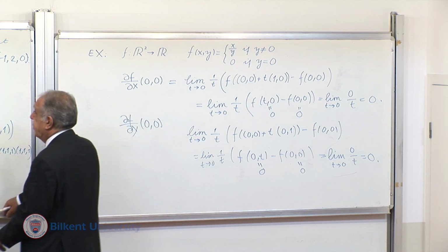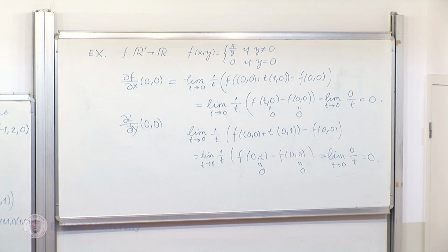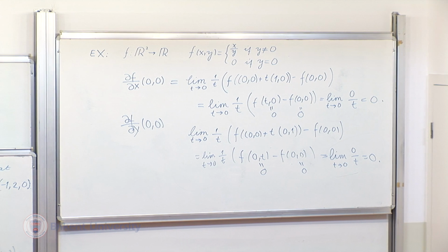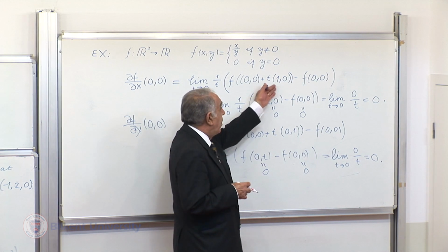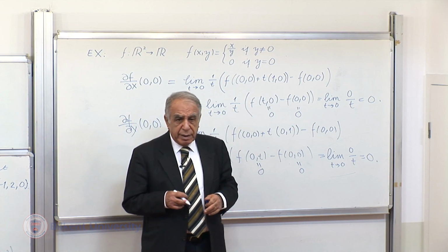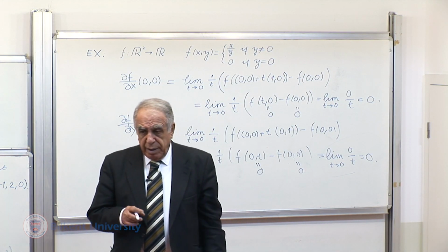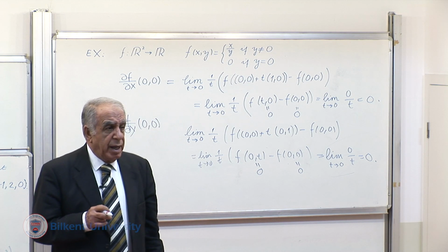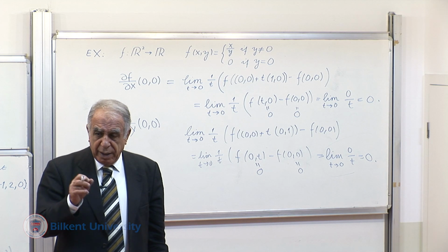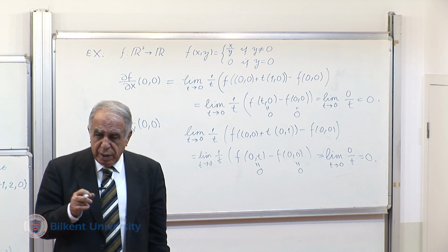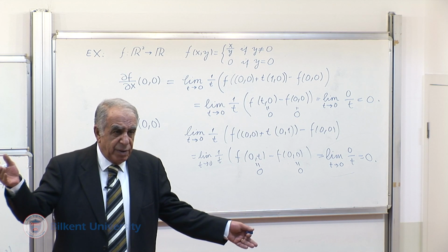Now, let us consider any direction u which is not a scalar multiple of either 1, 0 or 0, 1. That's equivalent to saying that both components of u, u1 and u2, should be different than 0.